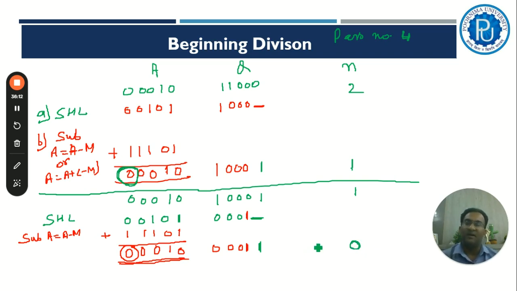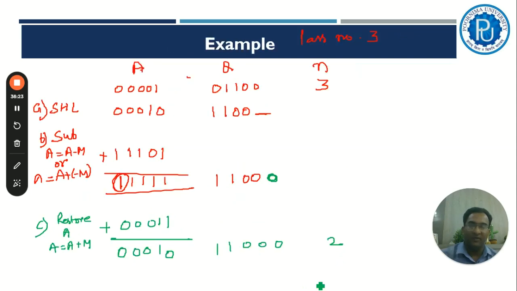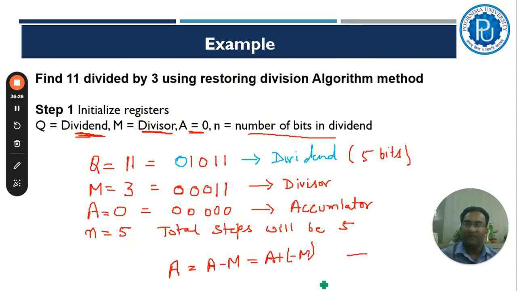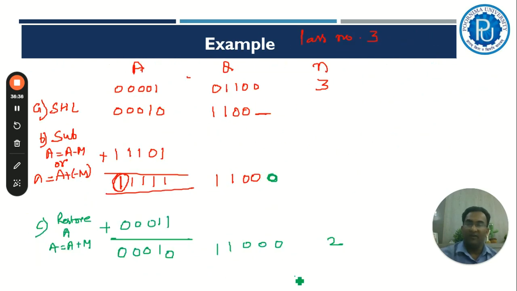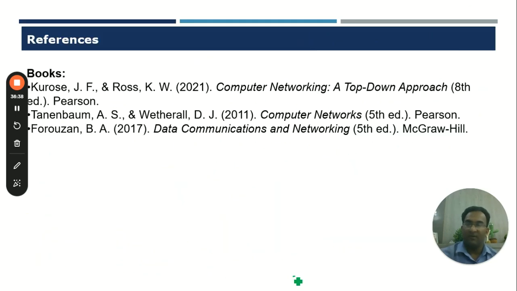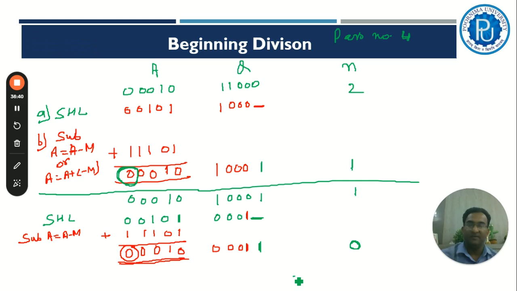All the steps of the algorithm are over there. Now we have to see the contents of Q and the accumulator. As I told you initially in the steps, Q is holding the quotient and A is containing the remainder. So we have done the division process.